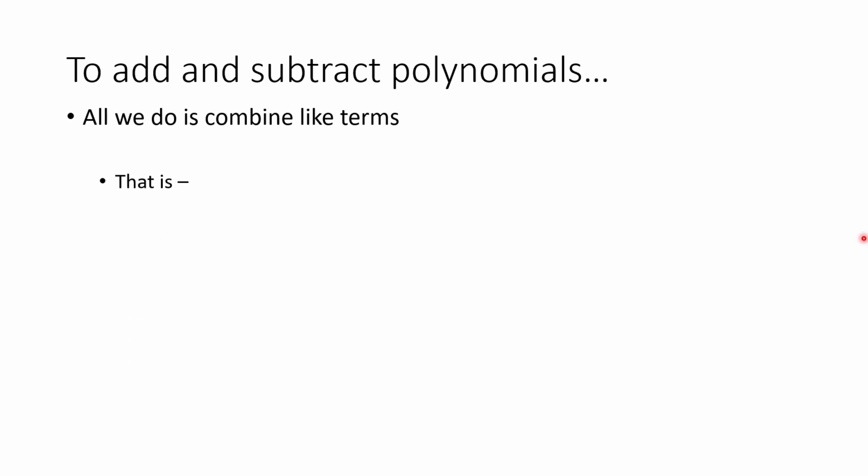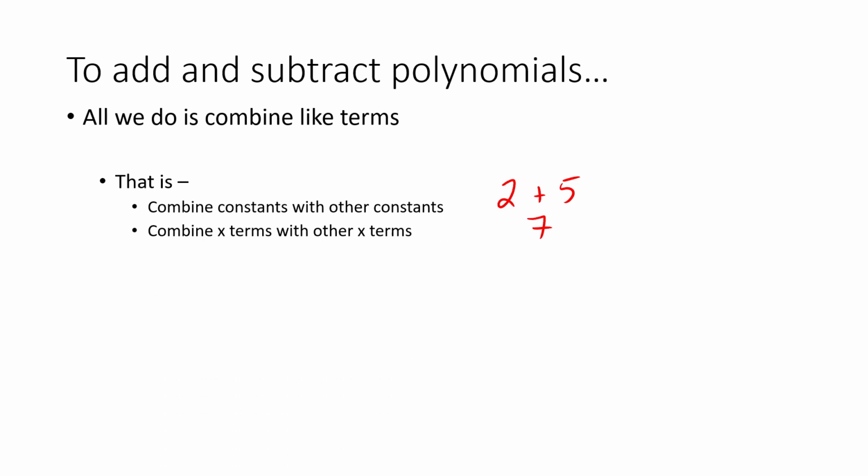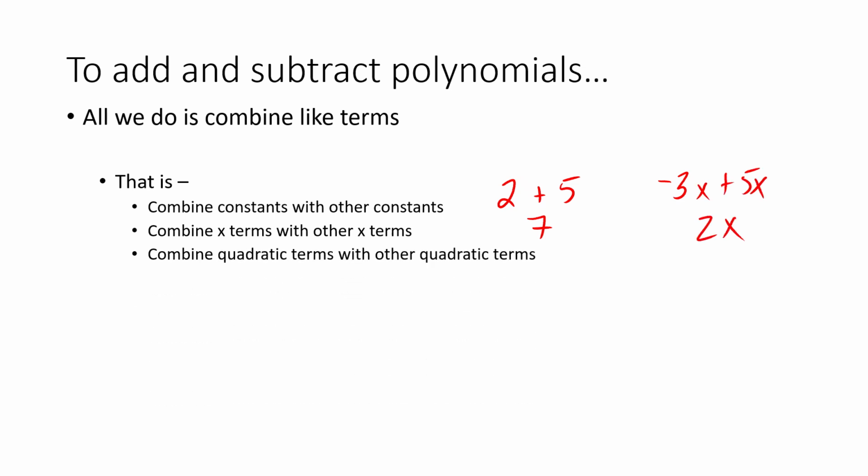What does that mean? It means that you combine constants with other constants. So if you saw a 2 and a 5, you would combine those together to get a 7. You combine x terms with other x terms. So if you have a negative 3x plus 5x, you would combine those together to get 2x. Combine quadratic terms with other quadratic terms.